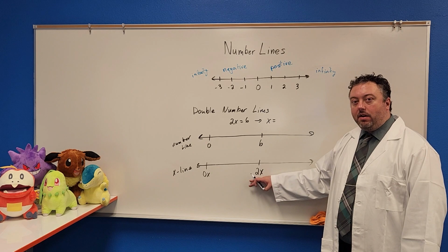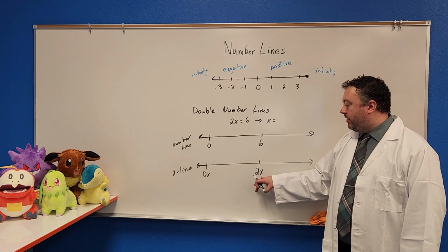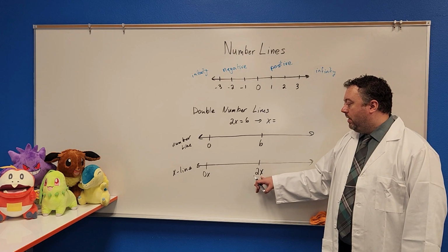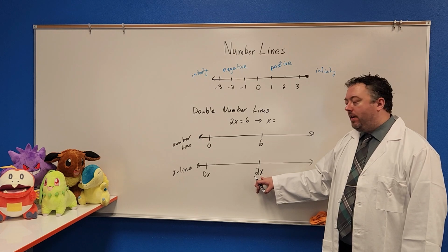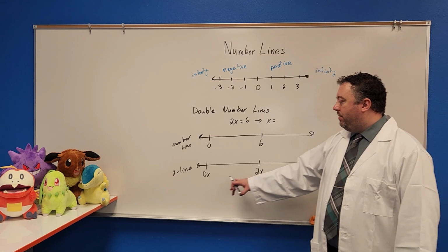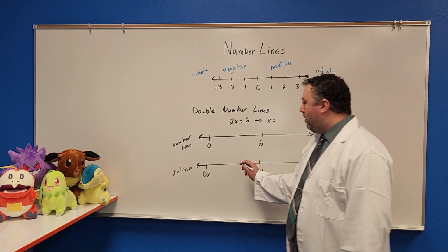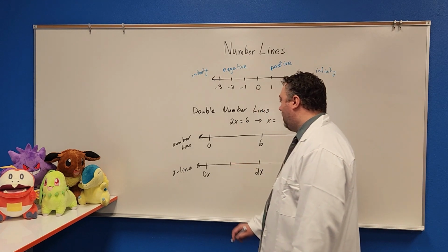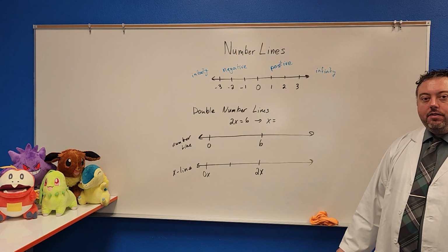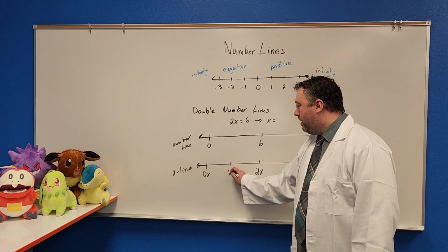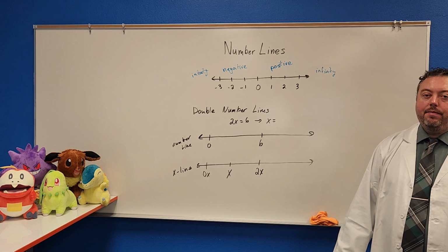Now, from here, since I know this is 2x, I should be able to say, hey, wait a minute. If I know this is 0x and I know this is 2x, I can go halfway between these two values, and this is where x is located.